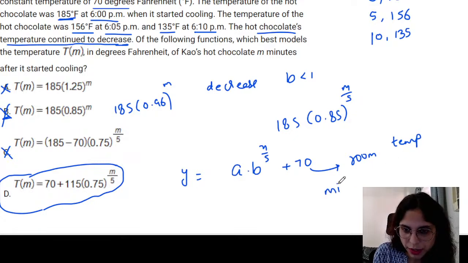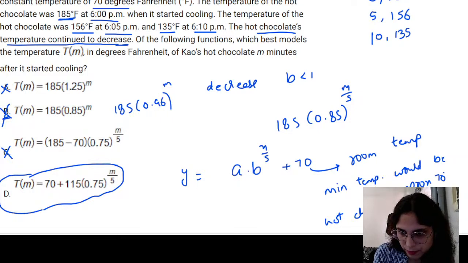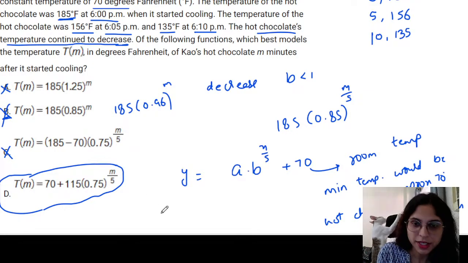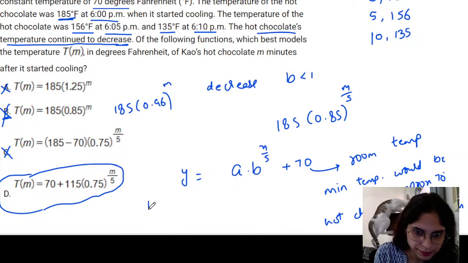So the minimum temperature it can go would be approximately 70. Hot chocolate can't go below room temperature. So you have to understand that your horizontal asymptote is y equals 70. Because your temperature is not going to drop down to 0.